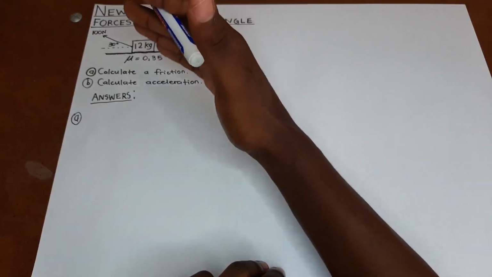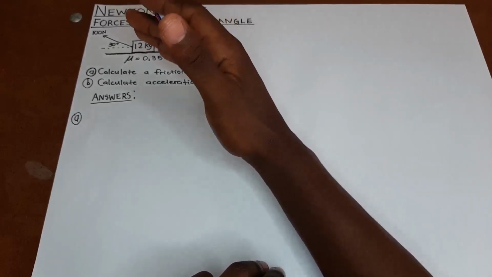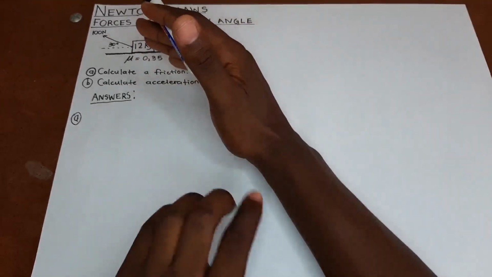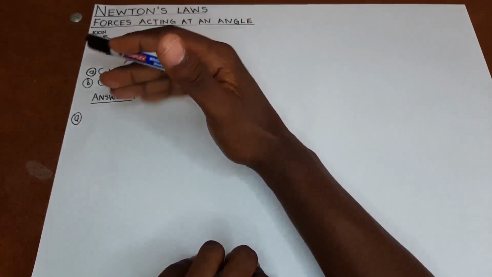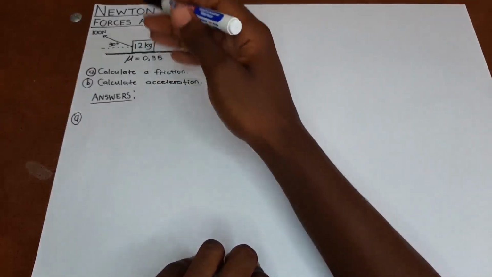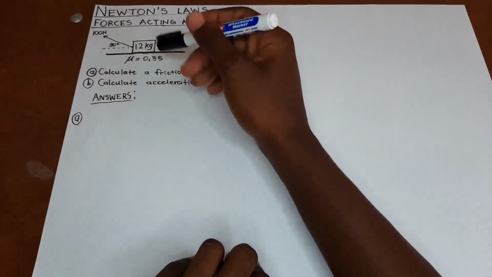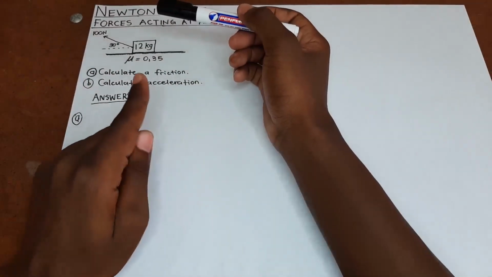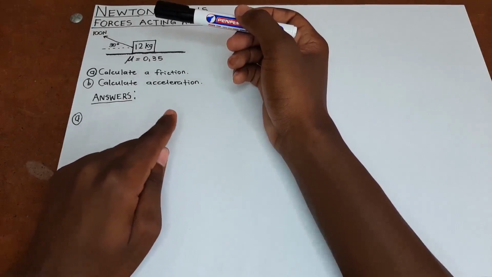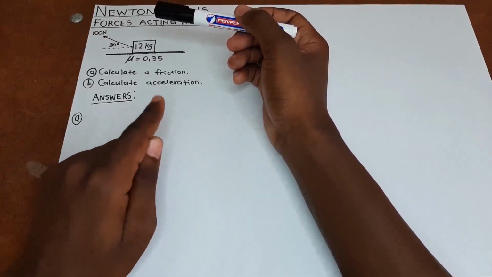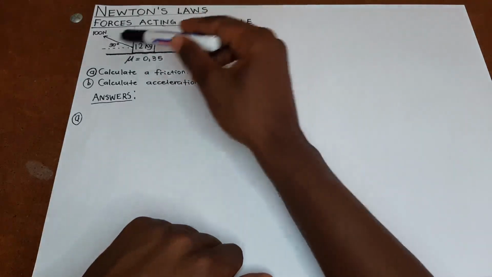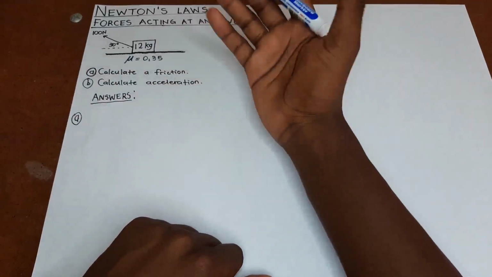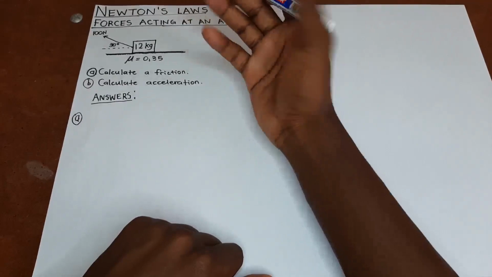The applied force moving that 12 kg block is partially moving vertically and partially horizontally, meaning we have to find the horizontal force, which we call the x component, the Fx component, and the y component, or vertical component.